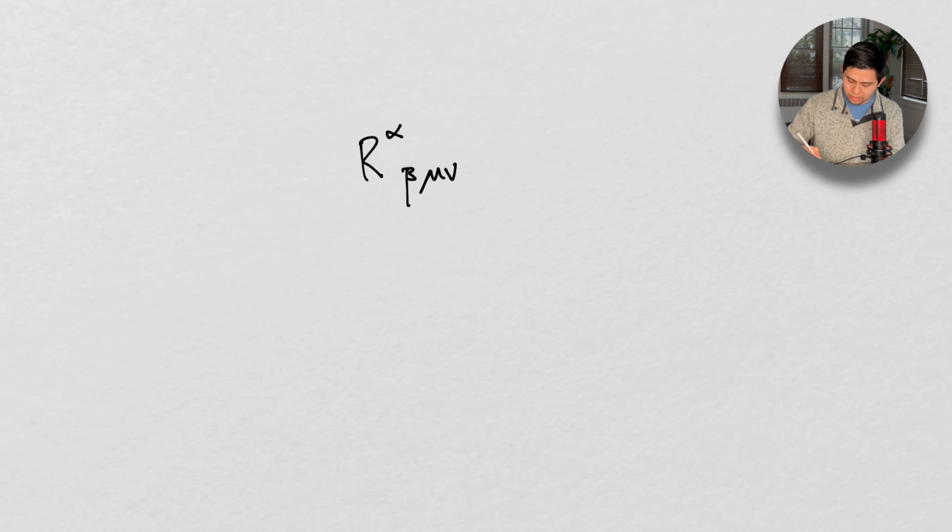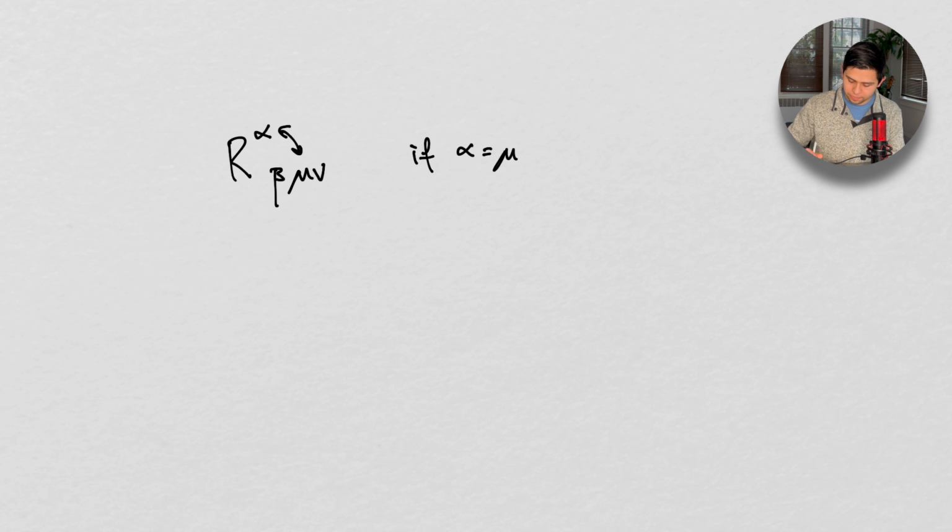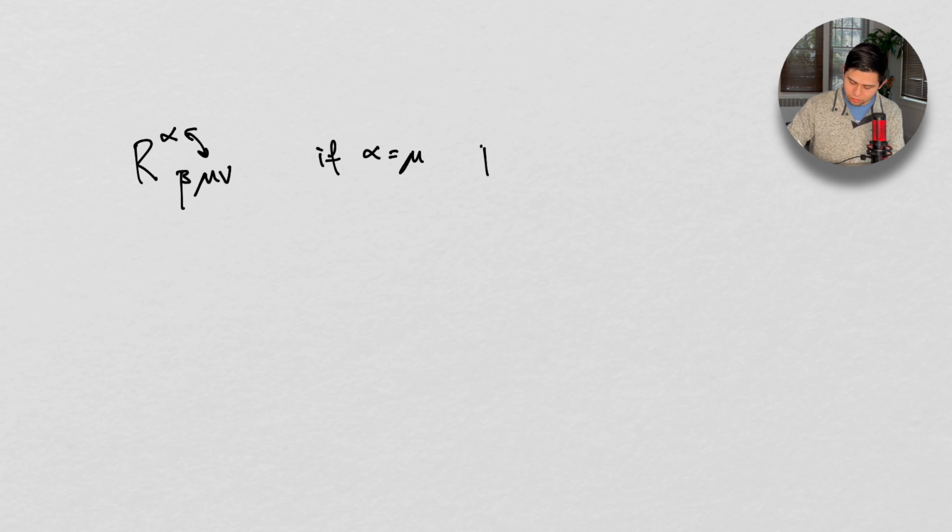So I have a blank whiteboard here. The idea is the Riemann curvature tensor, alpha, beta, mu, nu. If alpha and nu are the same, so if alpha equals nu, then we're going to get R mu beta mu nu.